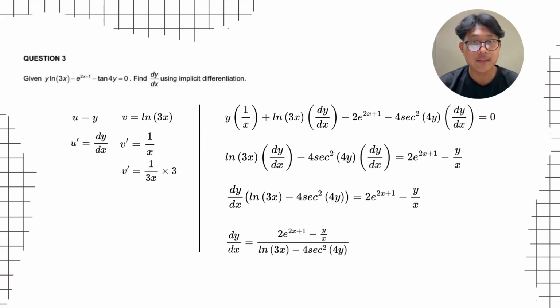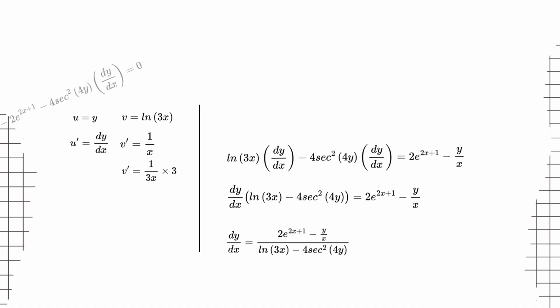So we need to factorize dy/dx on the left hand side, and we will get dy/dx times (ln 3x minus 4 sec squared 4y) equal to 2e to the power of 2x plus 1 minus y over x. With the calculus method, we will get the final answer. dy/dx equals (2e to the power of 2x plus 1 minus y over x) over (ln 3x minus 4 sec squared 4y). Thank you.